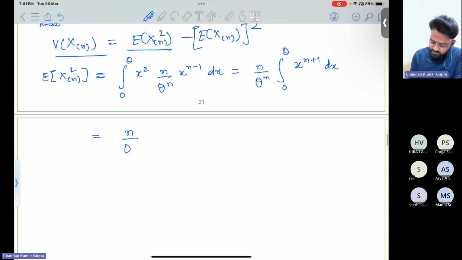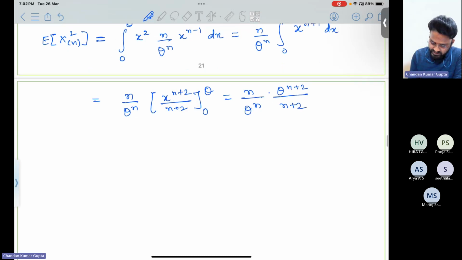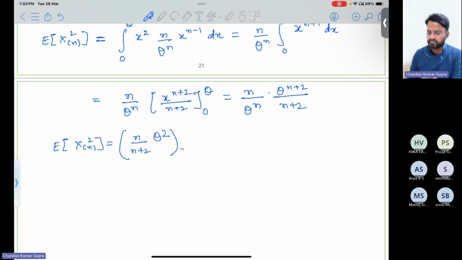From here it is n upon theta to the power n, x to the power n plus 2 upon n plus 2, from 0 to theta, which comes out to be n upon theta to the power n into theta to the power n plus 2 upon n plus 2. So the expected value of Xn square comes out to be n upon n plus 2 theta square.